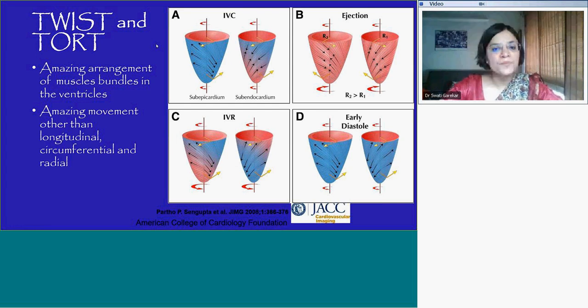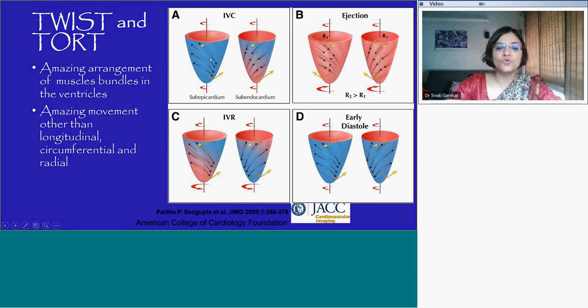You may have heard this term, twisting and torsion, how contraction is not just about longitudinal compression, not just about radial or circumferential compression, it is also about how the ventricle twists and torts consistently. It's as if you are wringing a mop to get the water out of it, to get it to move out in a particular direction. Similarly, the LV wrings itself from the apex towards the base where the aorta is situated, so that blood is expelled out into the aorta.